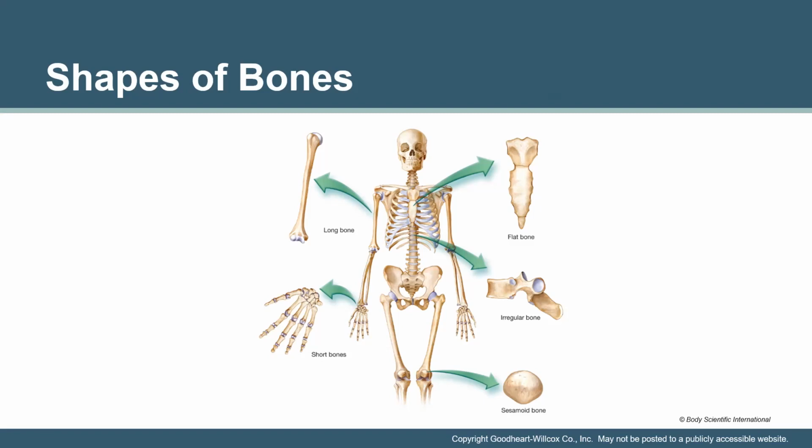We're looking for projections, meaning something that sticks out. We also look for depressions. A depression would be maybe a groove or a flatter spot in a bone. And then we also have names for openings within bones.